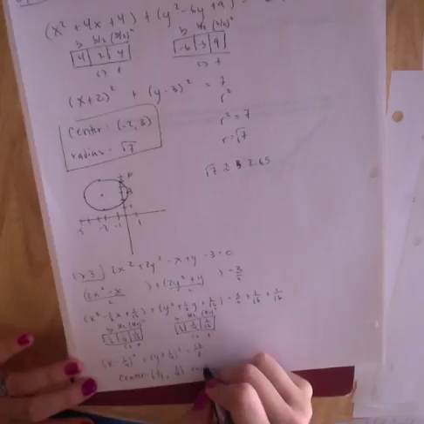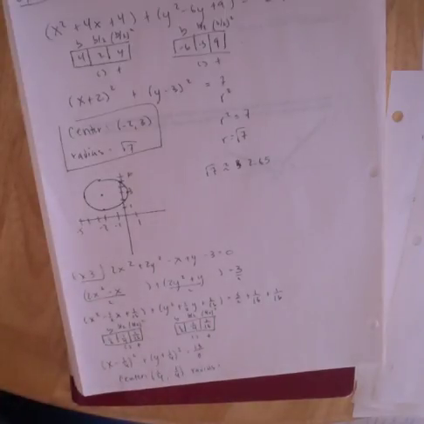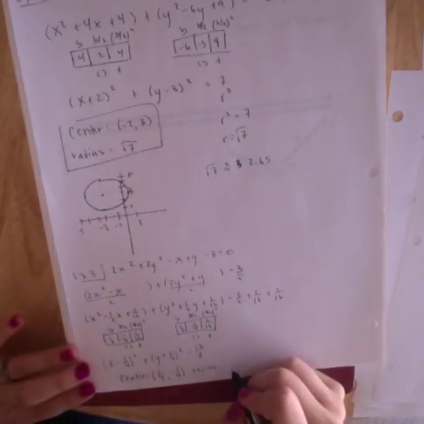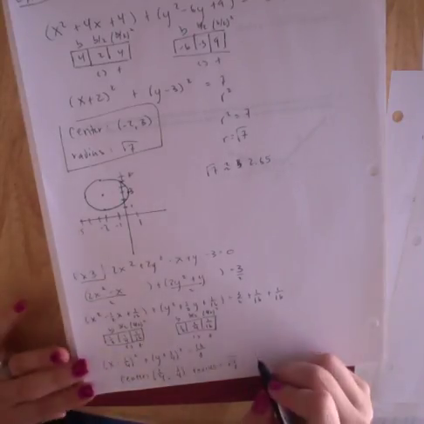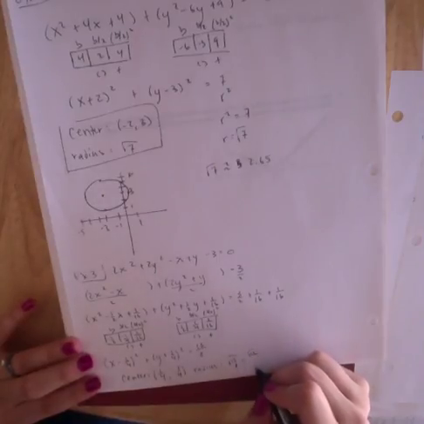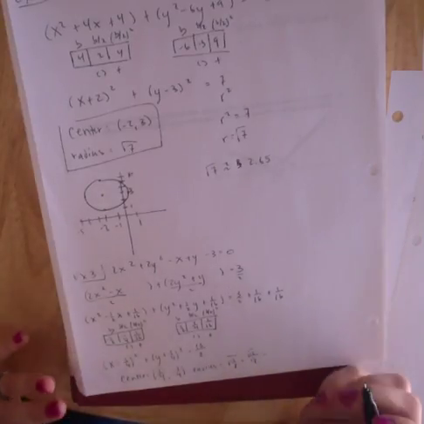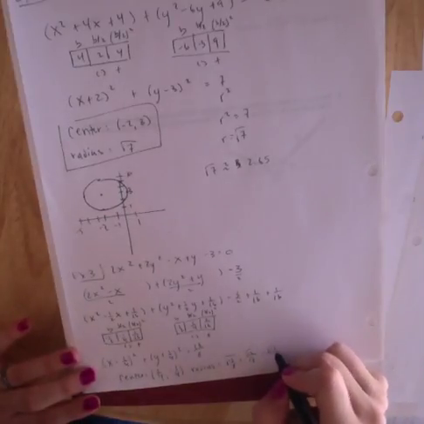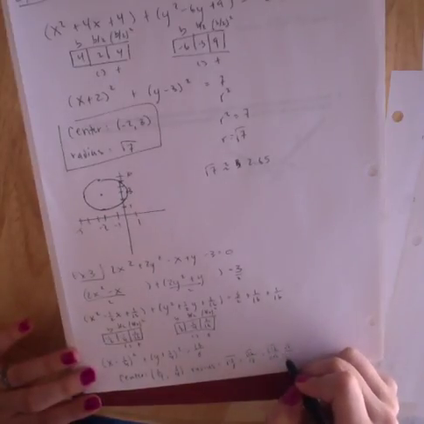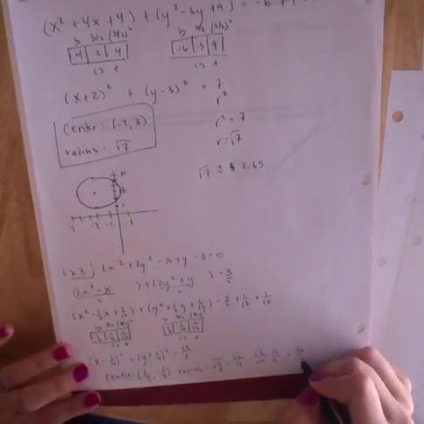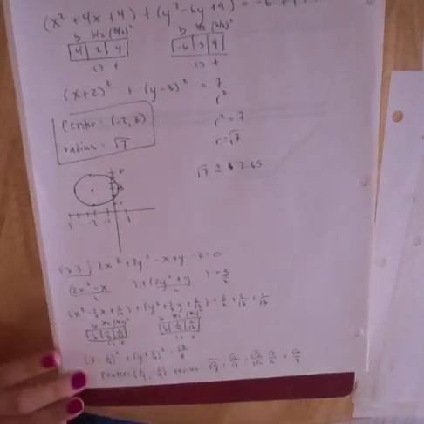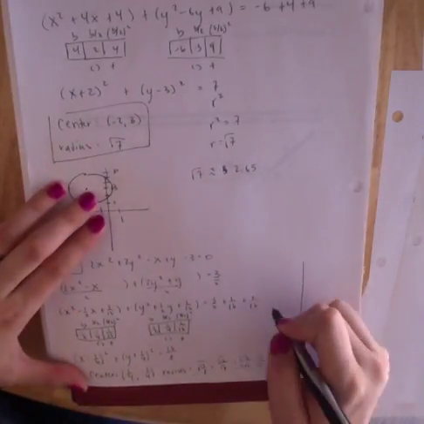And my radius is going to be the square root of 13/8. Now we have to simplify this. You get the square root of 13 over the square root of 8. We know that the square root of 8 is 2√2. So I multiply by √2 over √2. So this gives me the square root of 26 over 4.